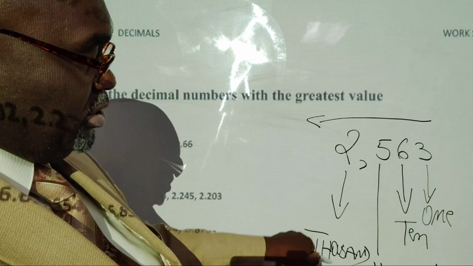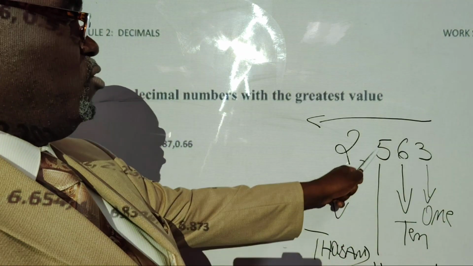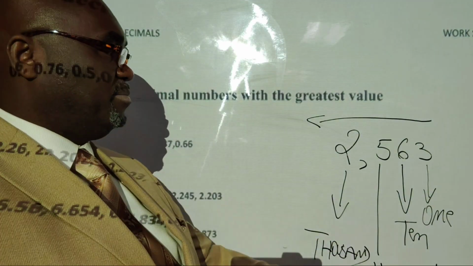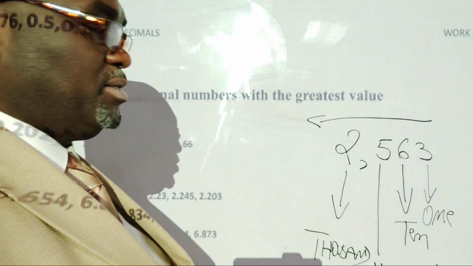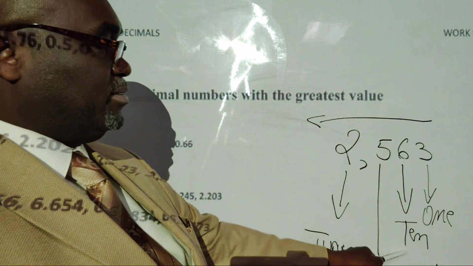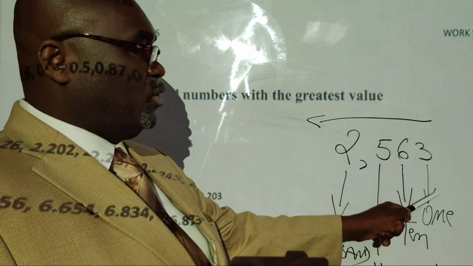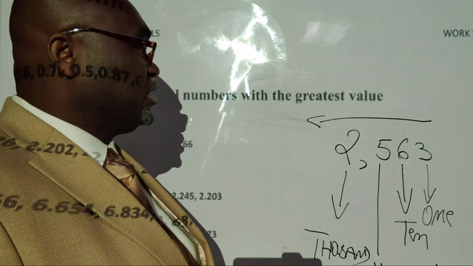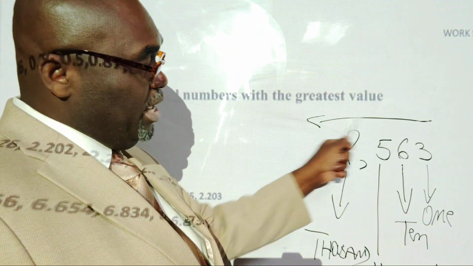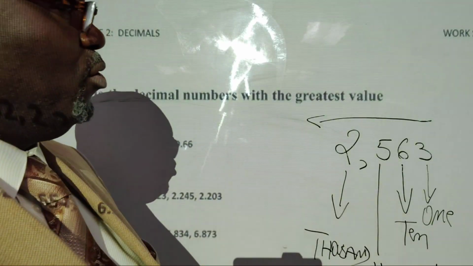Why? Because 2 is in the 1,000 place. You may be used to just saying 2,563, but it's because the digits occupy those values. Then you get 500, because 5 occupies the 100 place. Then you have 60, 6 times 10 gives you 60. Then you get 3, 3 times 1 gives you 3. This is the place value for your whole number.